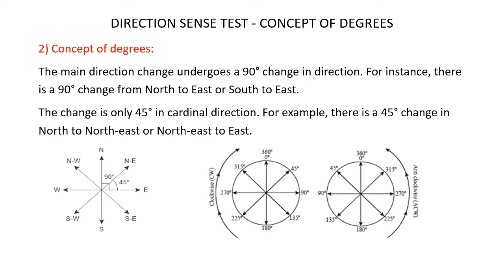Similarly, if you move from north in the clockwise direction at an angle of 90 degrees, you will be in the east. Whereas if you move from the north 90 degrees in anti-clockwise direction, you will be in the west. This is the case with all the other different degrees. You can observe this in these two diagrams.